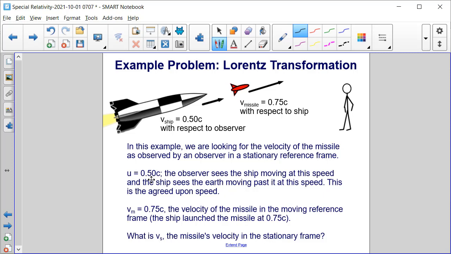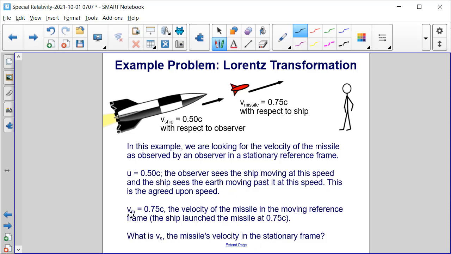U is equal to 0.50 c. The observer sees the ship moving at this speed, and the ship sees the Earth moving past it at the same speed. This is the agreed upon speed. We know because this is with respect to the observer, so the observer sees this 0.5 c, this velocity of the ship.